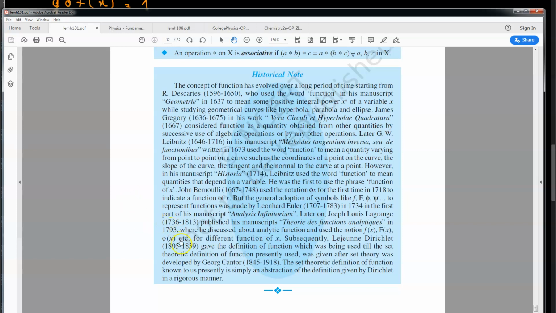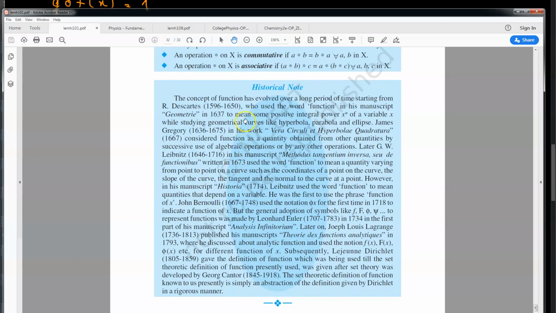as a historical note, which must be interesting, the concept of function has evolved over a long period of time, starting from R. Descartes, I think a French mathematician, 1596 to 1650, who used the word function in his manuscript Geometrie in 1637 to mean some positive integral power x raised to the power n of a variable x, while studying geometrical curves like hyperbola, parabola, and ellipse.